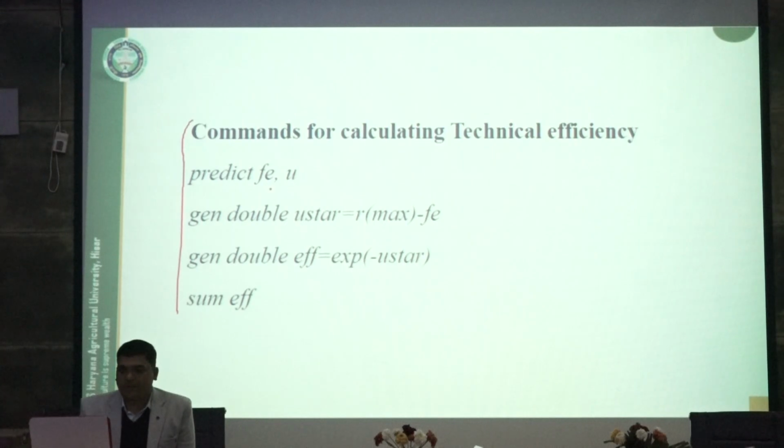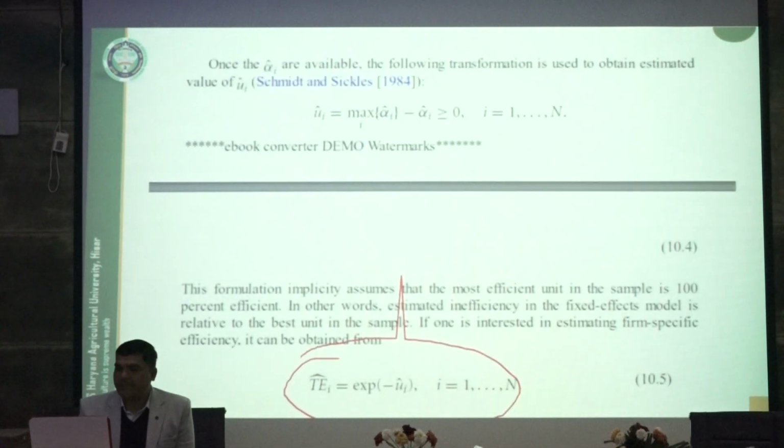First we have to predict u. u is the inefficiency term. Then generate a new variable, that is the maximum of u minus the ui's. You can check from here: maximum of alpha minus alpha cap.